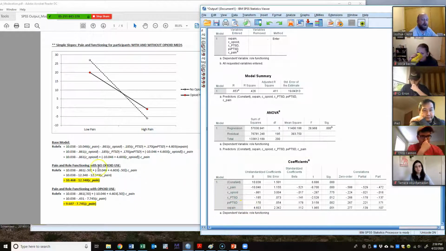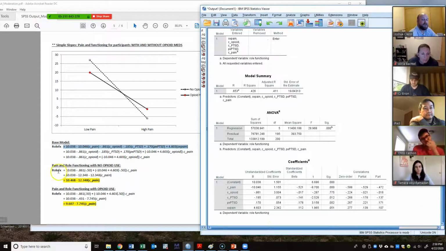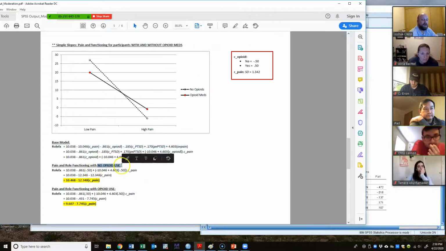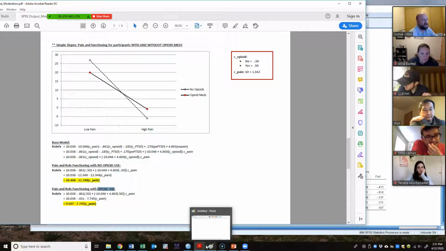I can take my full regression model and this time restructure my equation to get simple slopes for the conditional effect of pain for people who aren't using opiates and the conditional effect of pain on role functioning for people who are using opiates. Again, we walked through this in lecture slides. We can go through and plot this out.